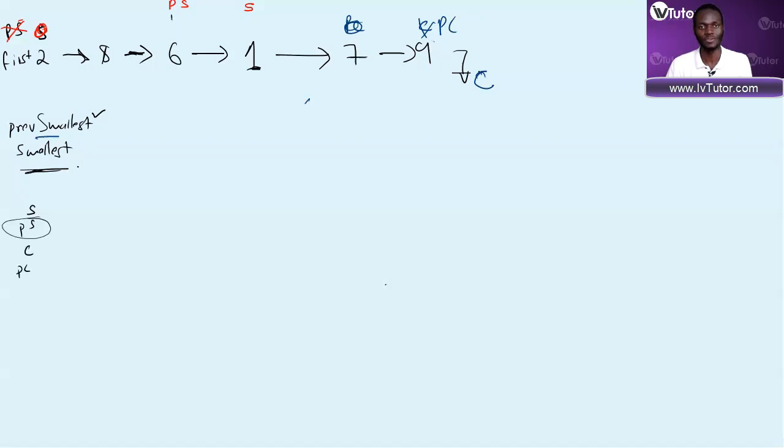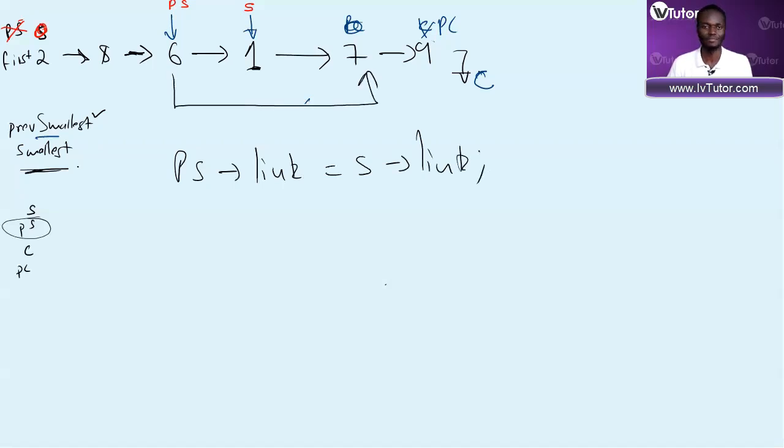And guess what? Your previous smallest is here, smallest is here. Now you can delete smallest, which means what you need to do is go previous smallest dot link equals smallest dot link, which means you link this node to this node, right? And then once you have done that, you can then delete smallest.